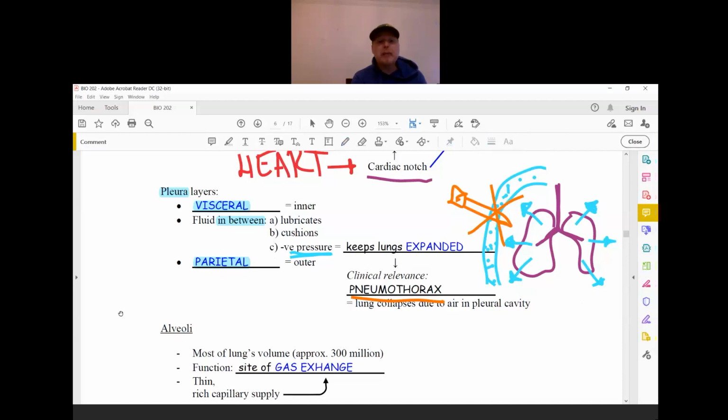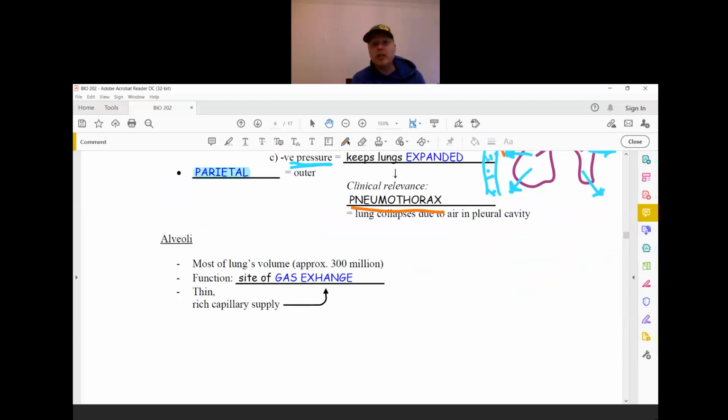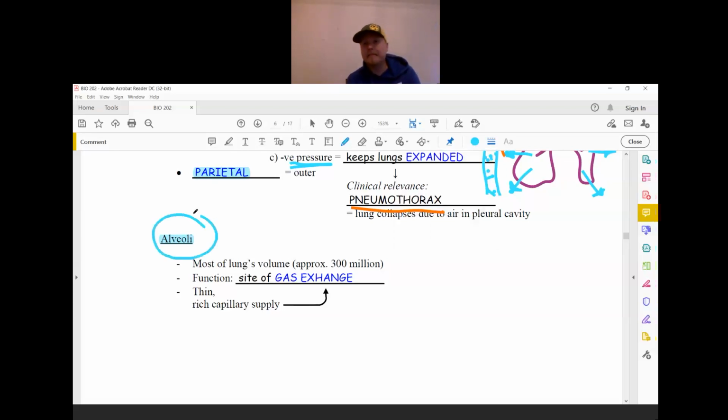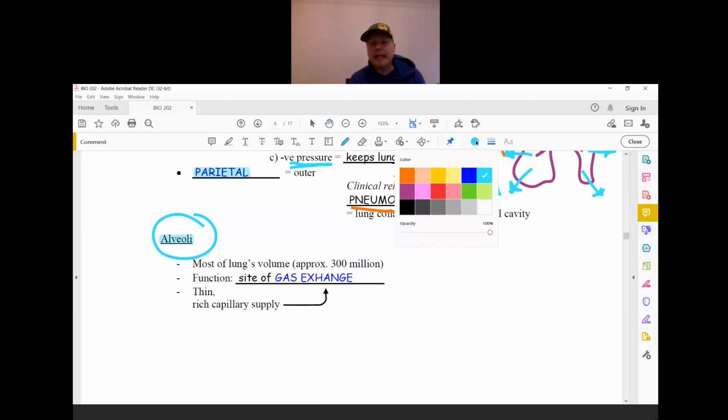I promised that we would talk a little bit about alveoli. So when we move to the very end of the respiratory tract, we reach the alveoli. These are small microscopic sacs. And if you look at them microscopically, you've seen various different cells so far.